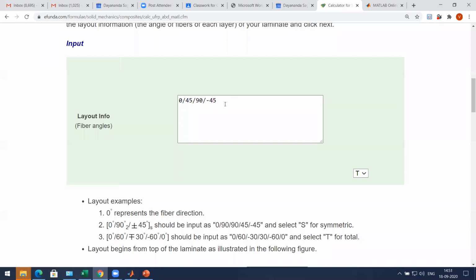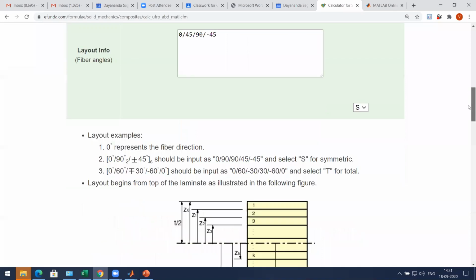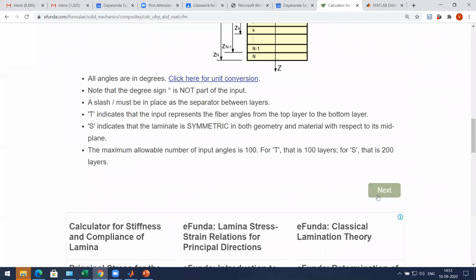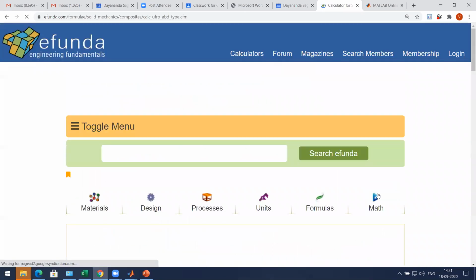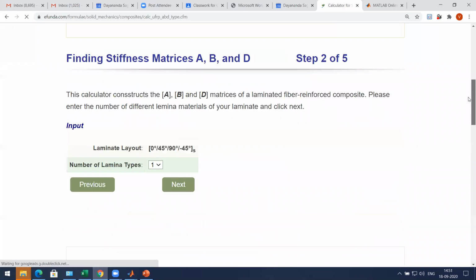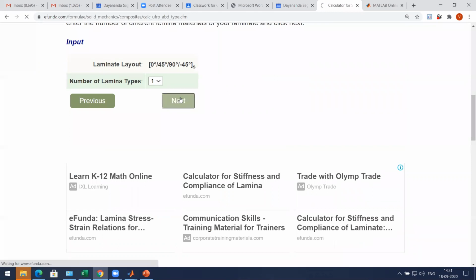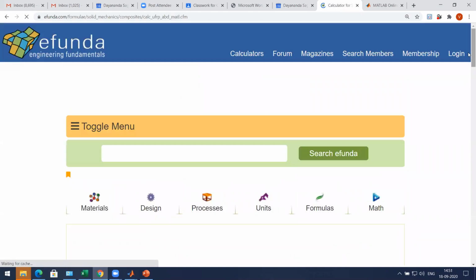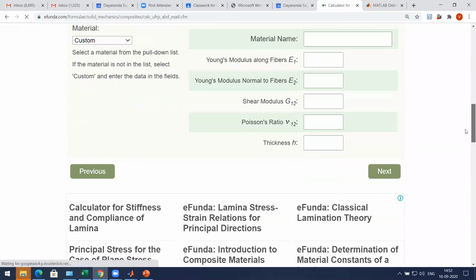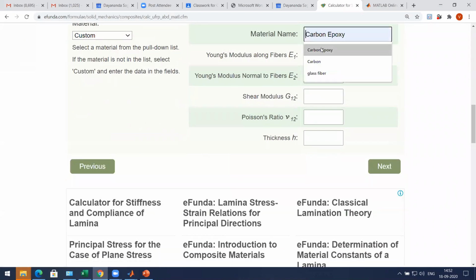While defining this laminate 0, 45, 90, minus 45, I take this as symmetric and then go for the calculations.